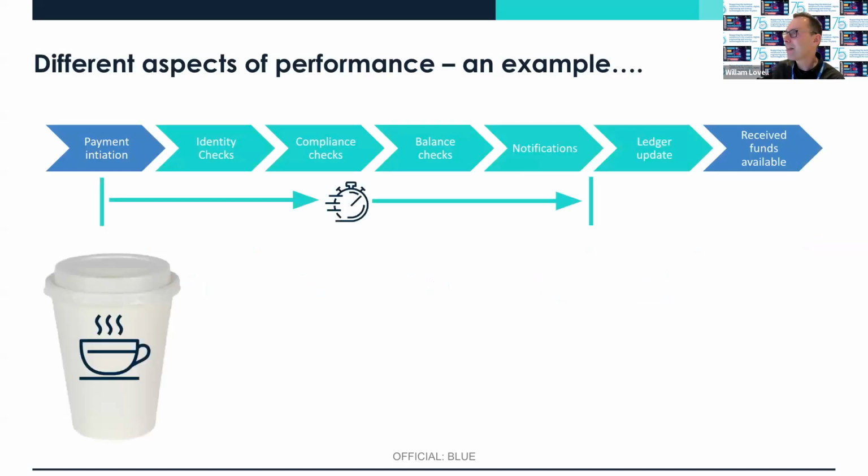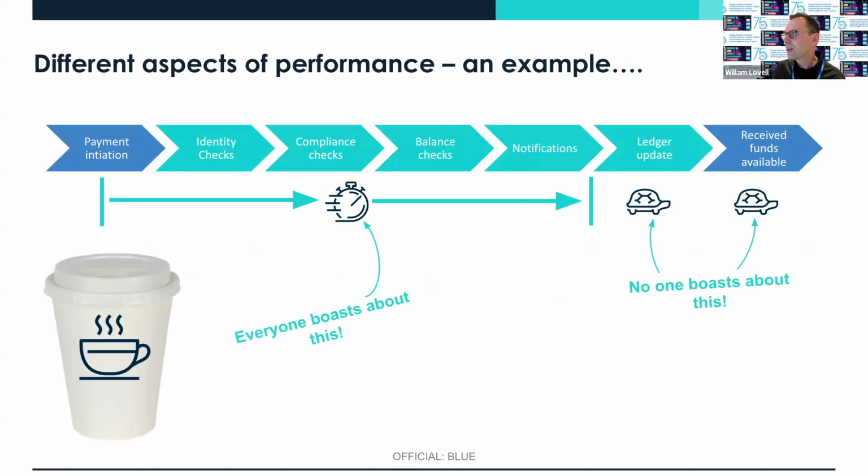If you're thinking about that, actually, when you buy the archetypal cup of coffee in a coffee shop and you tap your card, these first few things, the identity checks and the compliance checks and balance checks, those happen very, very quickly. But actually, the ledger updates happen far more slowly. So when people are talking about the speed that card networks operate, they're normally talking about that first bit.